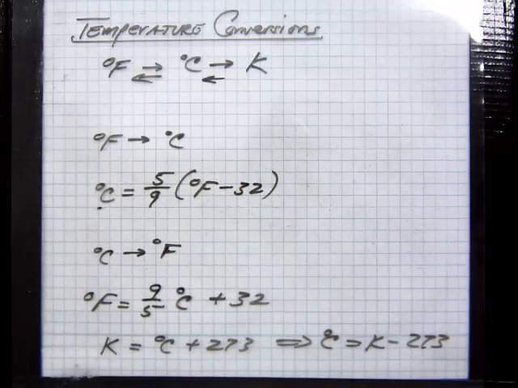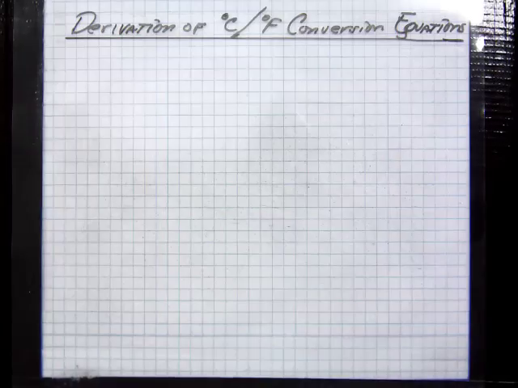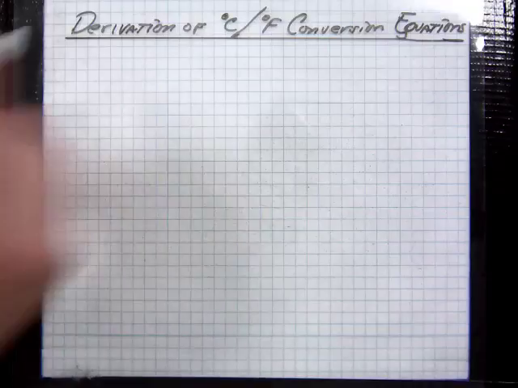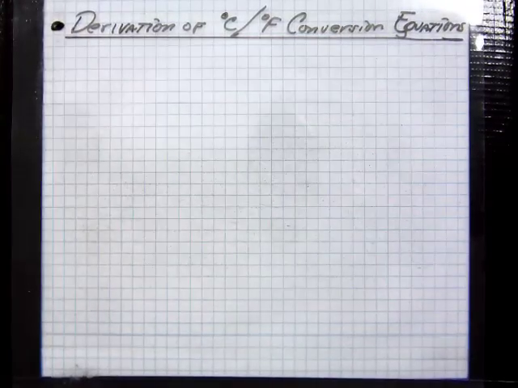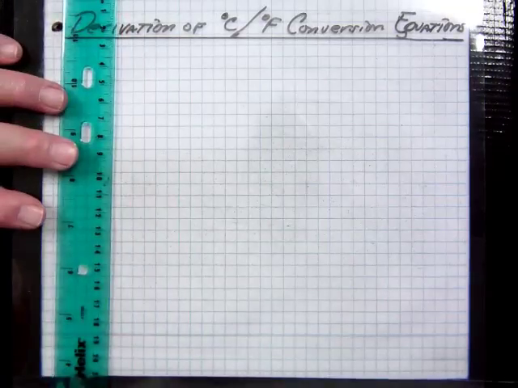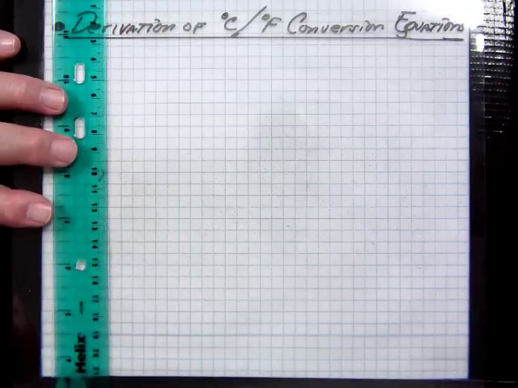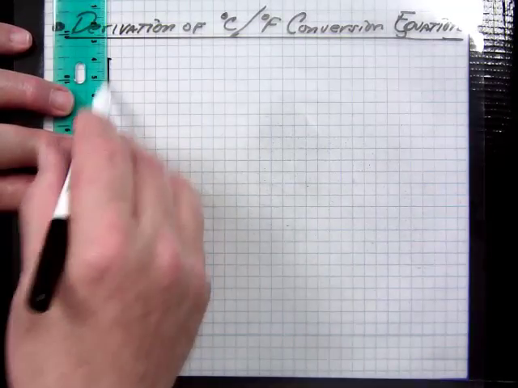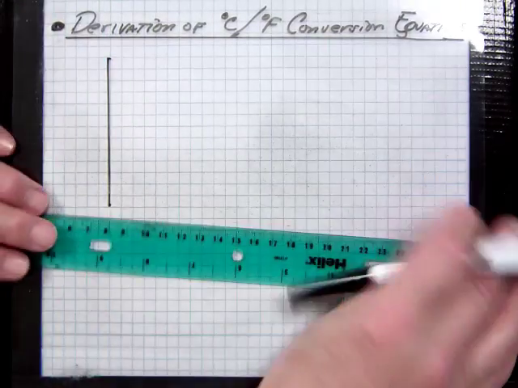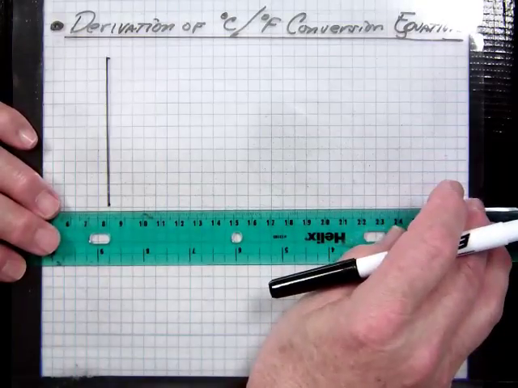Okay, where do these come from? Now in this, you want to draw a two-dimensional graph. So we'll put Fahrenheit on the vertical, and we'll put Celsius on the horizontal.